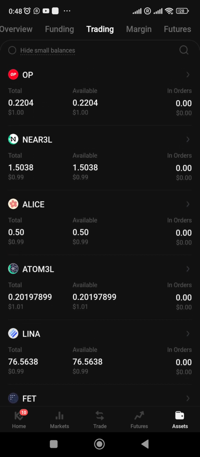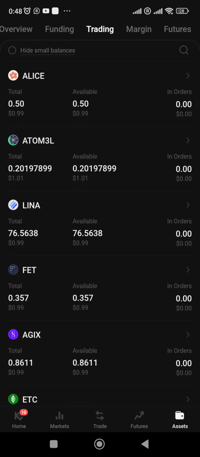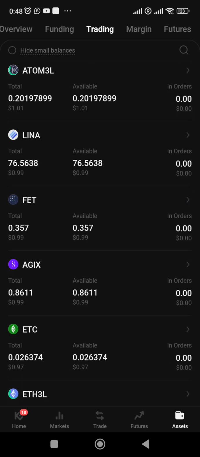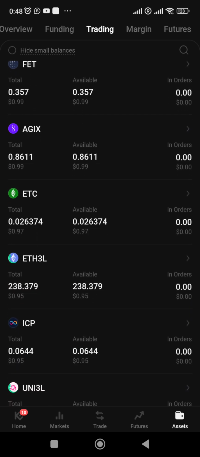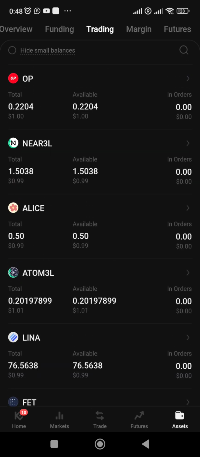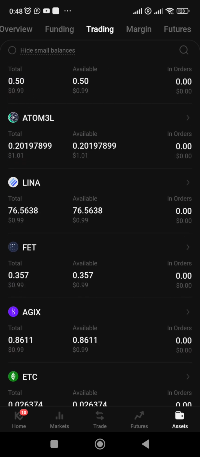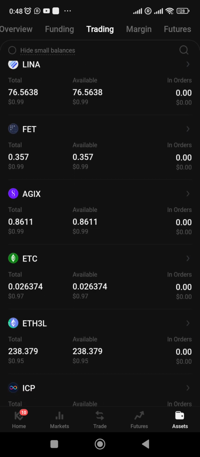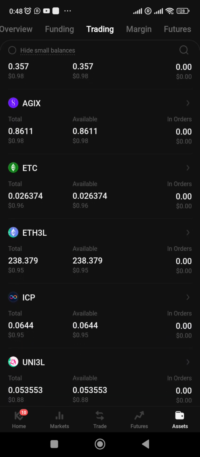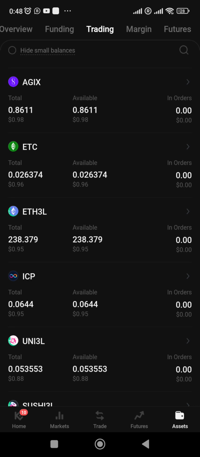So up, that's OP. Then ALICE, ATOM, I just sold and bought again, remember. FET I just sold and bought again. So OP, ALICE, LINA, ETC. I won't do AXS because I just sold and bought again.